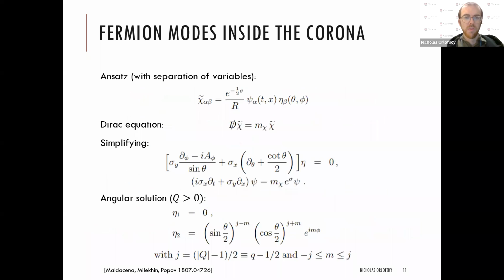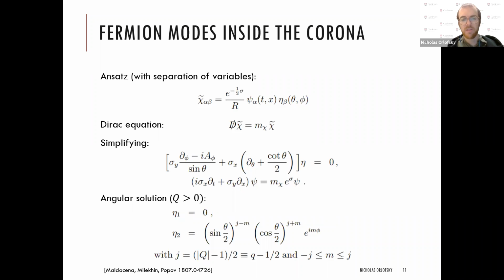And so if you then take a separation of variables ansatz, saying that you get these two component spinors, one depending on t and x and one on theta and phi, and you simplify the Dirac equation, you of course can write these down as two independent equations.